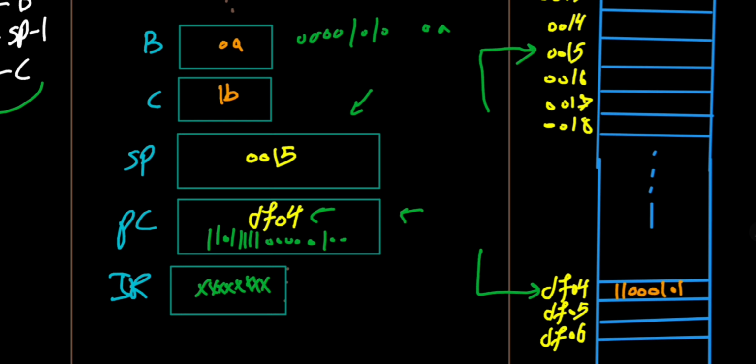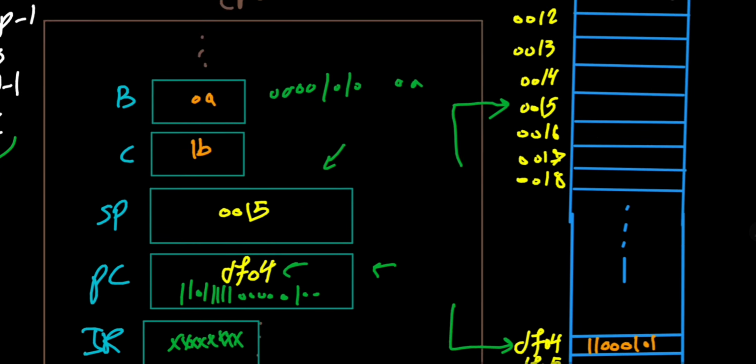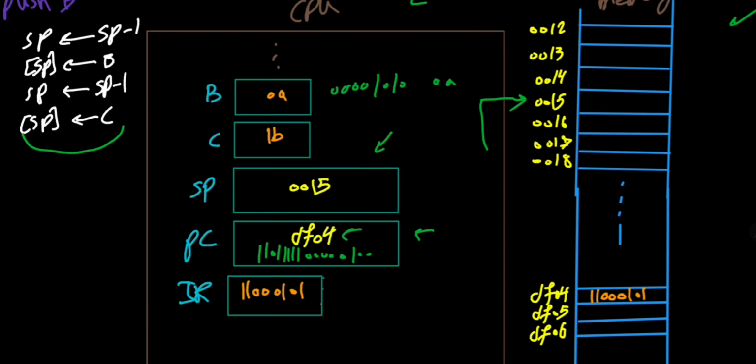We know what the CPU does is that it is in an infinite loop, fetching whatever instruction is at the memory cell that PC is pointing to. PC is pointing to DF04. Therefore, the CPU would fetch the value of DF04, which is 11000101. This value would be written inside the IR register.